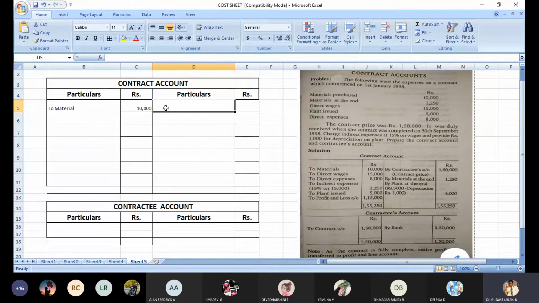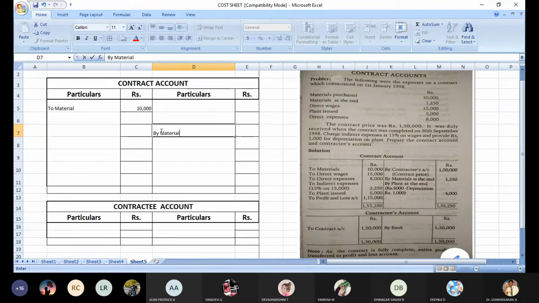Stock is available, so we have to enter closing stock. Material at the end. Credit side means you have to put the word 'by'. By material end. How much value? 10,250 rupees. Okay, two items over.